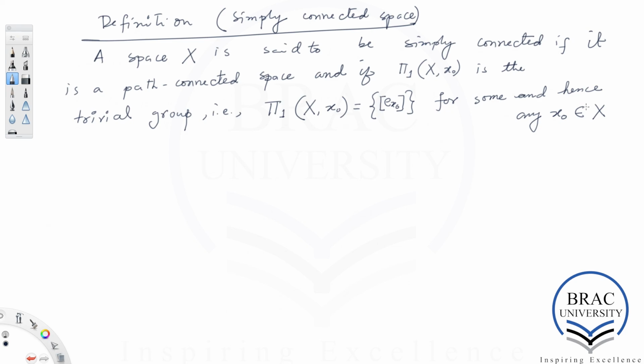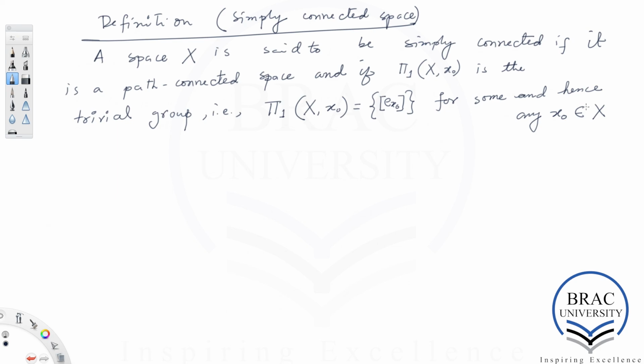That's what it says. The easiest example is that of the Euclidean space that we have studied earlier. We have seen that for that space, the fundamental group with respect to any point x0 in R^n is the trivial group, consisting of the identity element of the group only.